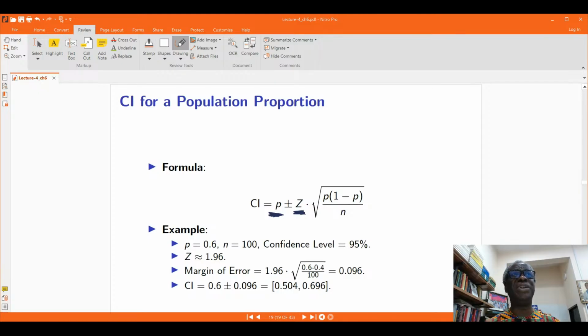I know somebody will ask me, can it be 92? Can it be 96? Yes, it can be. But the common ones are 90, 95, 99. Nothing stops you, you just go to your statistical table to get the Z-score.